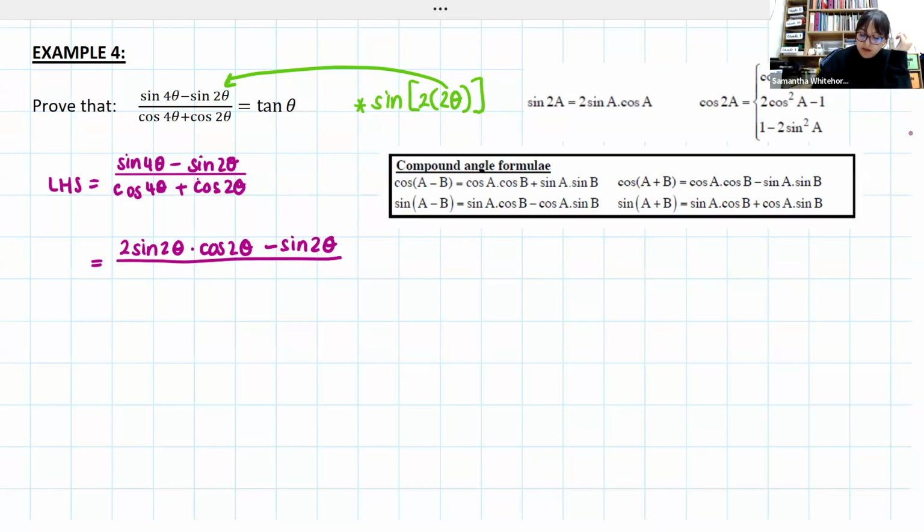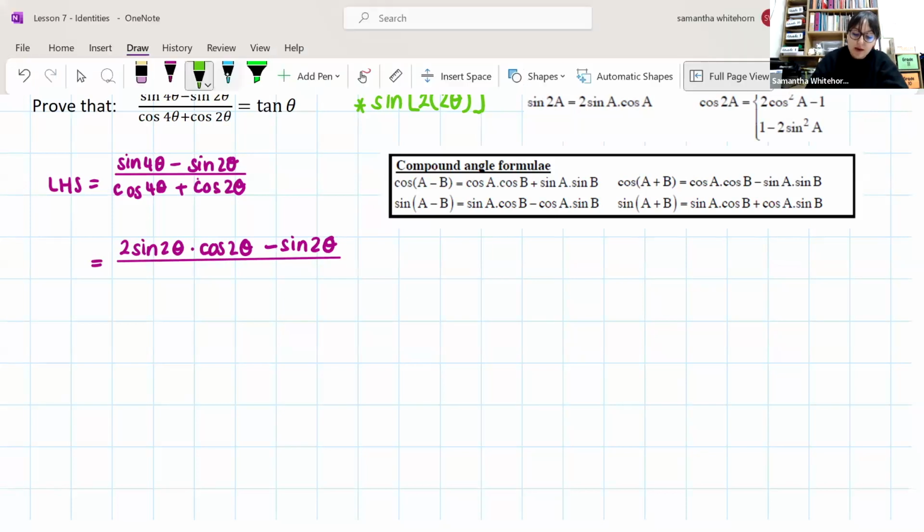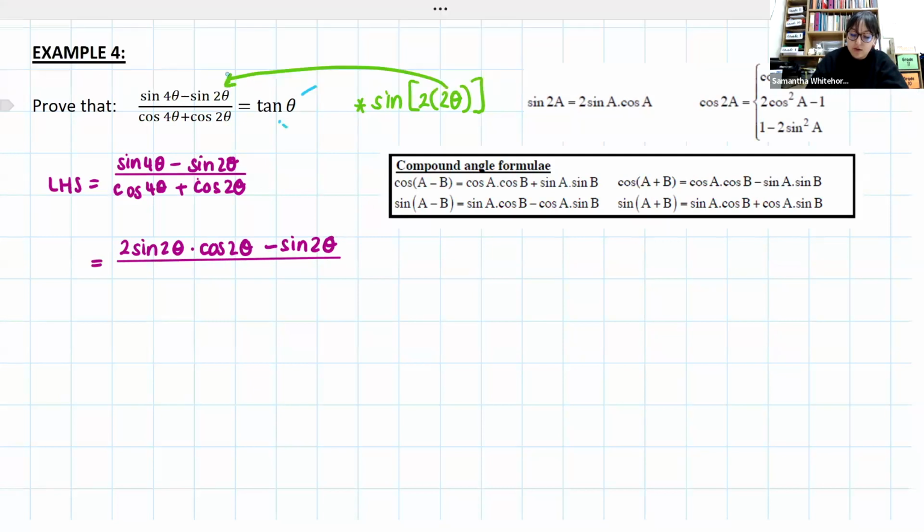Right, in the denominator, I've got that cos 4 theta plus cos 2 theta. So again, I want to be thinking about the fact that I want to be able to factorize. And if you go back to what your end goal is, remember this is tan theta, which is sine theta over cos theta. I only want cos thetas in my denominator. So I'm going to try pick an identity, or double angle formula, that only has cos in it.